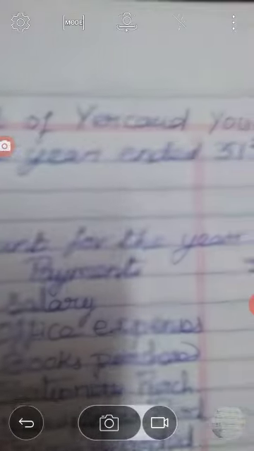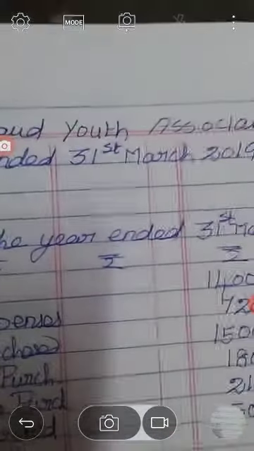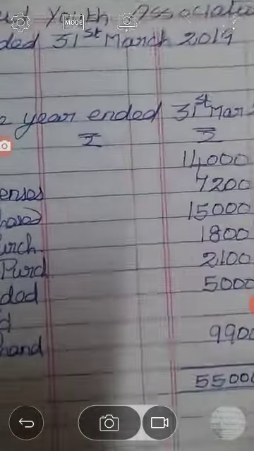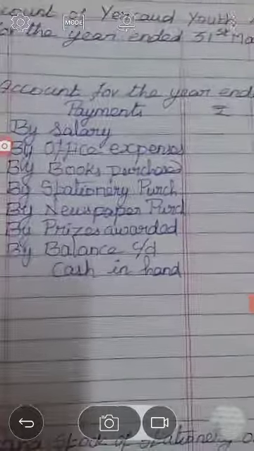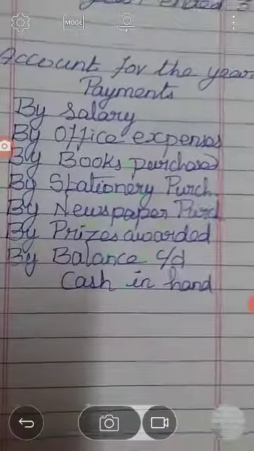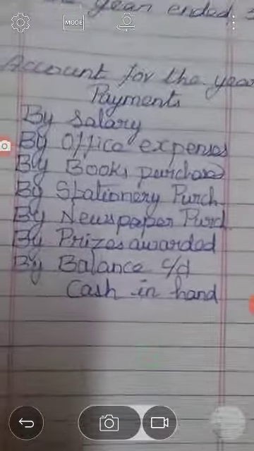So from the following receipts and payments account of the Aircard Youth Association, prepare income and expenditure account for the year ended 31st March 2019 and balance sheet as on that date. So here they have given receipts and payments account for the year ended 31st March 2019. On the payment side they have given salary, office expenses. Books purchase is a capital expenditure.